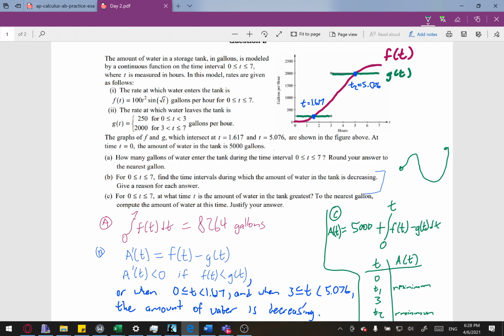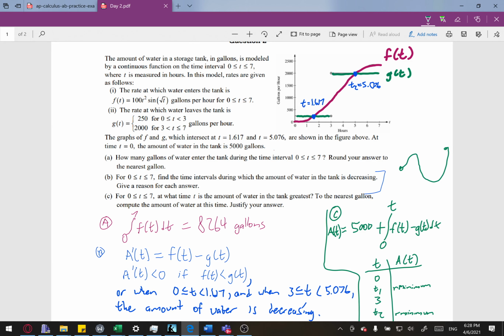But I'm going to have my amount at 3 plus the integral from 3 to any time of f(t) minus 2,000. And that's when t is greater than 3 but less than or equal to 7. Okay.